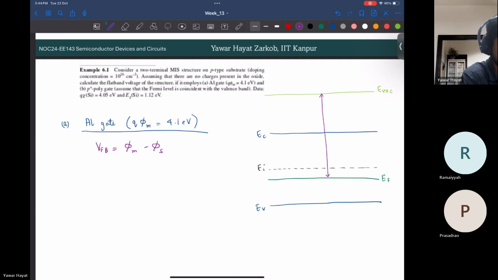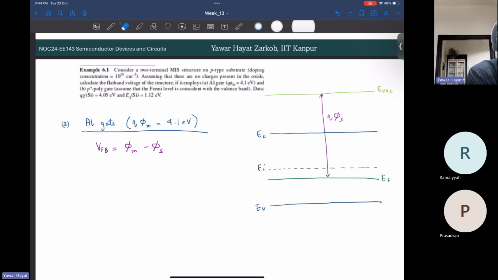This magenta line or length is what is Q phi S. Do you agree? Yes, sir. Okay. So now what quantities are provided? Electron affinity is also given, right?